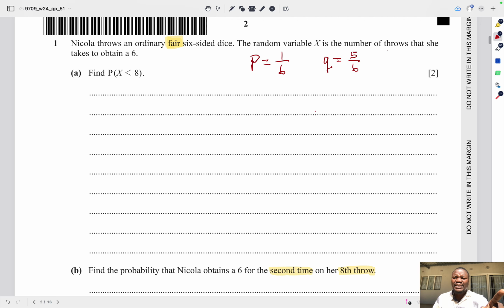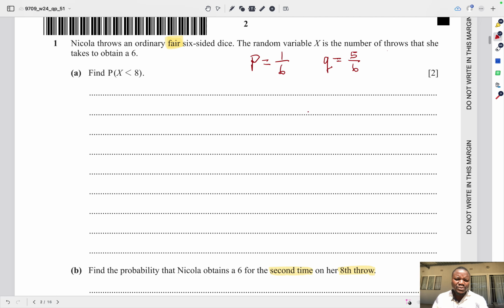I'm going to say that again. Binomial distribution has a fixed number of attempts, and in that you are looking at how many successes you are going to have. A geometric question does not have a fixed number of attempts, and it only looks at when you attain success. That is very important for us to remember.